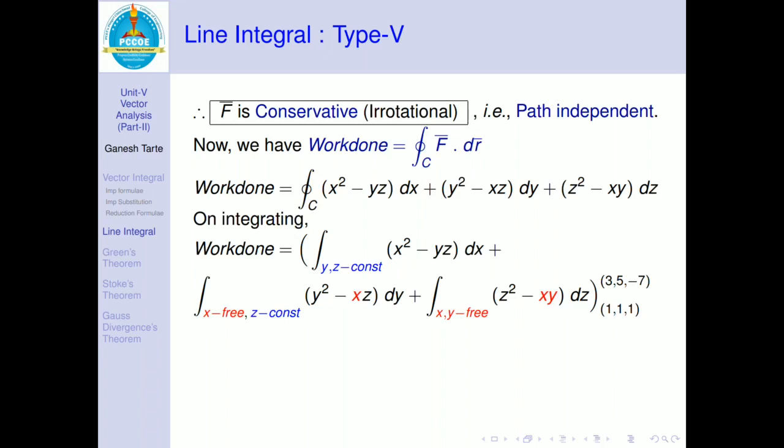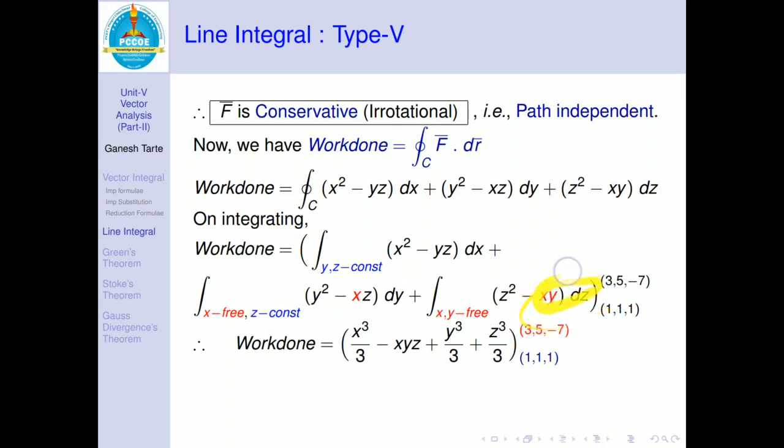The first bracket is x square minus yz, its integration with respect to x is x cube by 3 minus xyz. The second bracket is free from x, so the second term gets cancelled, only y square remains. The integration of y square is y cube by 3. The last term is free from x and y, so again those get cancelled, and the integration of z square is z cube by 3, from (1, 1, 1) to (3, 5, minus 7).